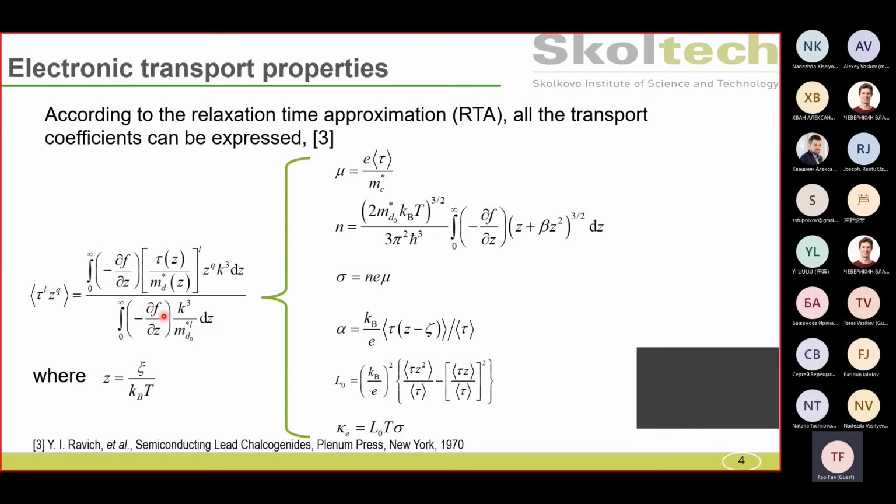You can understand this formula as sampling and energy averaging of the relaxation time as a function of band energy. By using this formula, the relaxation time is transferred from a function of energy to a function of chemical potential, and the chemical potential is related to carrier concentration.